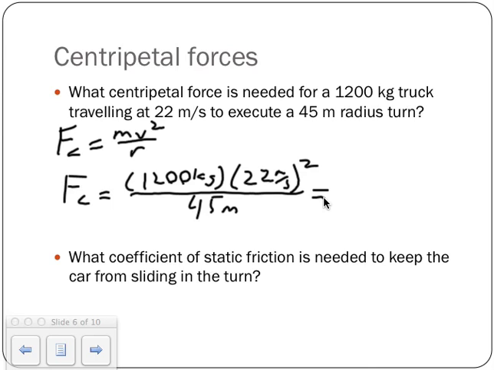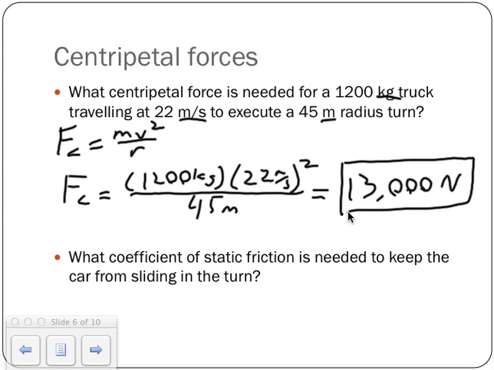And so plugging that in, 1,200 times 22 squared divided by 45, we get 12,906.67. Significant figure-wise, everything has 2 here, so this would really just be 13,000. Since we have units of meters per second, kilograms and meters, we should end up in newtons because we're in our SI base units here. So 13,000 newtons would have to be the centripetal force.